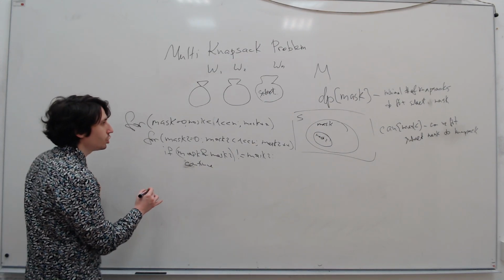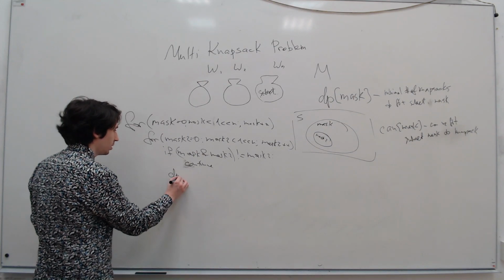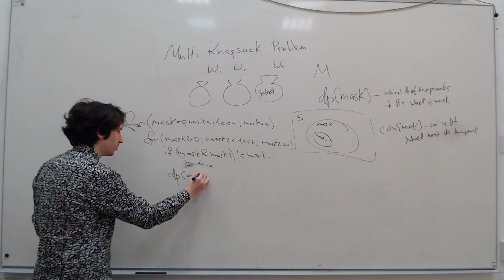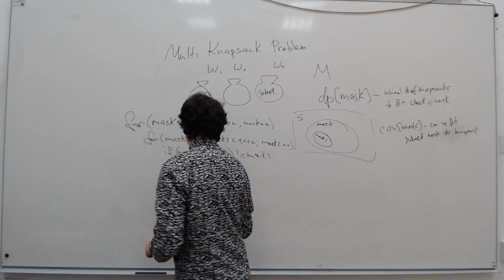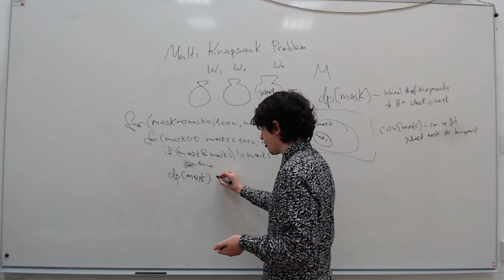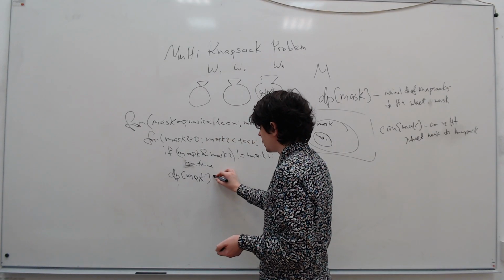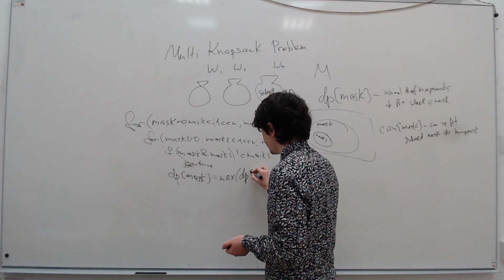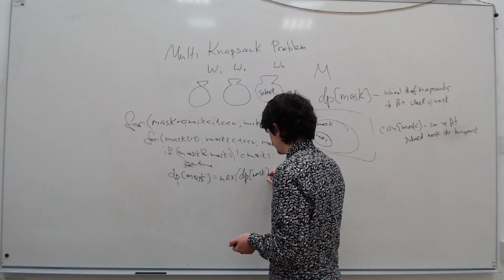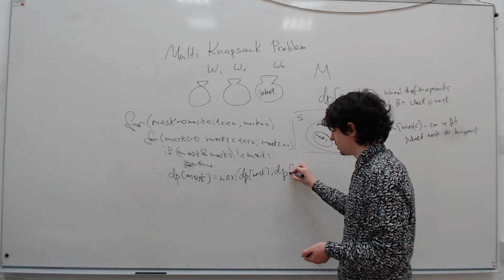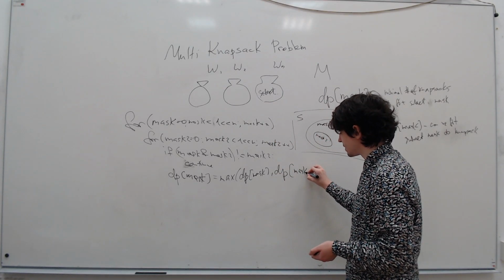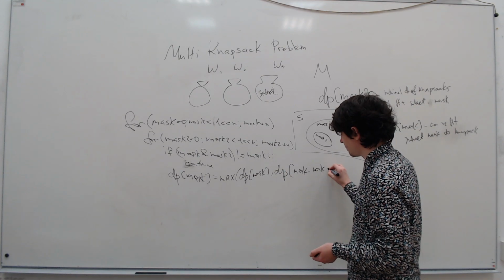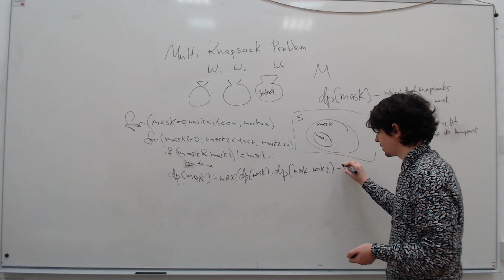And then we just set dp of mask equals to min of dp at mask and dp of mask minus mask 2 plus 1.